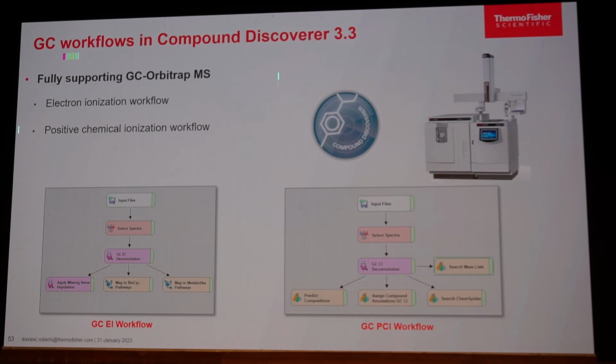We just input the file, it selects the spectra, deconvolutes it, and with the help of the library it matches it in EI. In CI, when you input the file, after deconvolution it goes to an external database like ChemSpider, or if you have added a high resolution library from Thermo, it searches there and gives you the identification of the compound based on your accurate mass with the help of elemental composition.